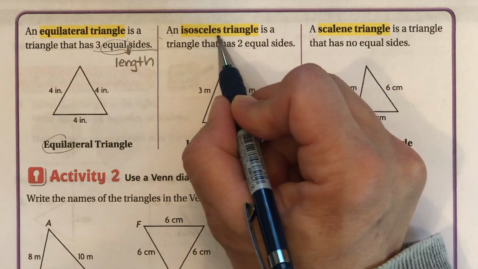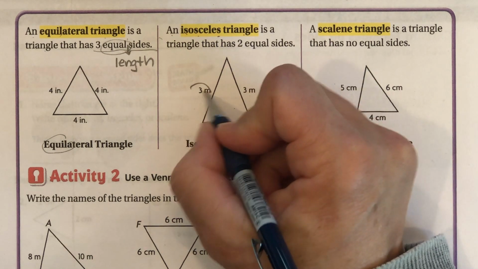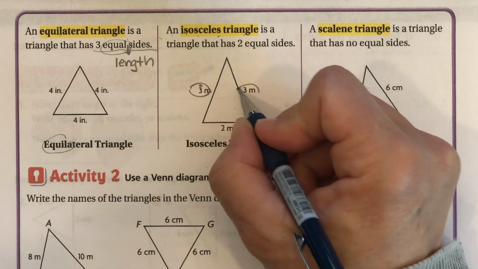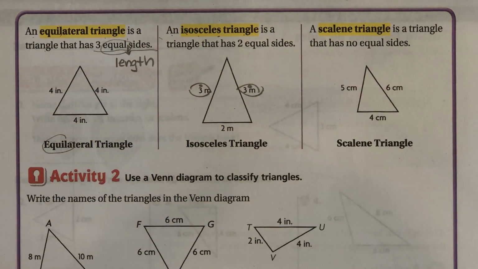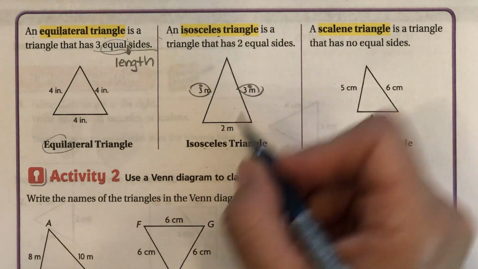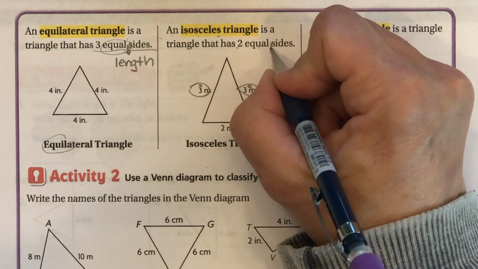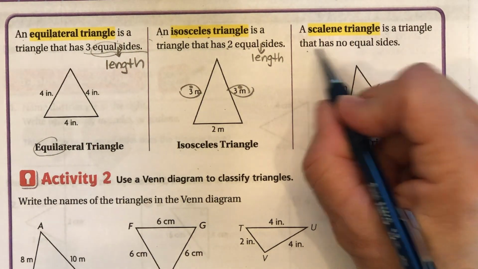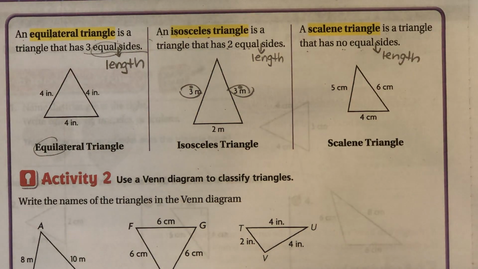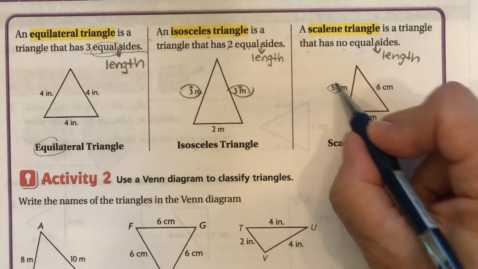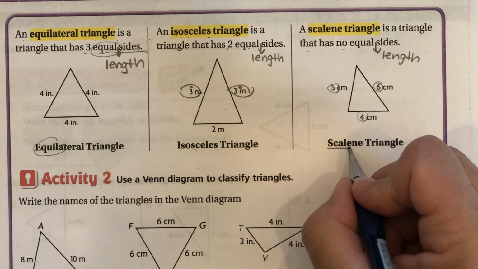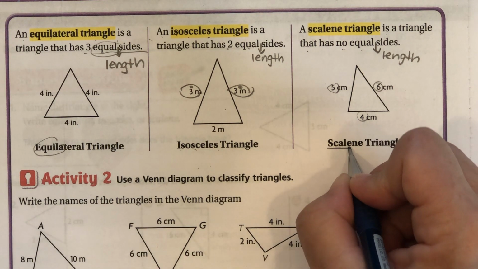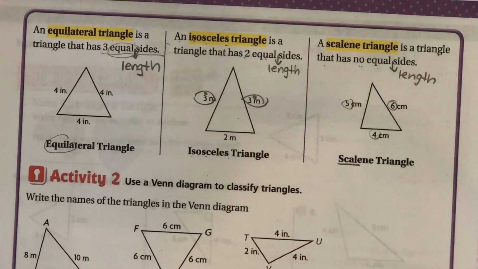An isosceles triangle, isosceles, with my 2 eyes, my 2 sides the same length, is an isosceles triangle. 2 equal length sides. Scalene is a triangle that has no equal length sides. 4 centimeters, 5 centimeters, 6, scale, scalene. Okay, so that's just a review from the other side.